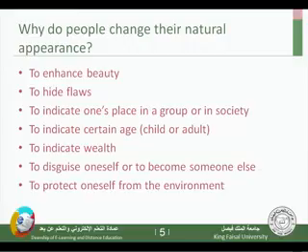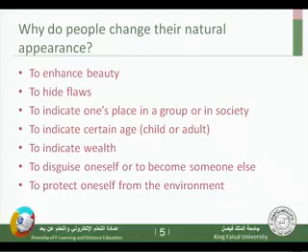Now, in some cultures, some people would paint their faces in a particular color to indicate that they are of a particular status in that group or society. So another reason is to indicate a certain age, as opposed to child versus adult.